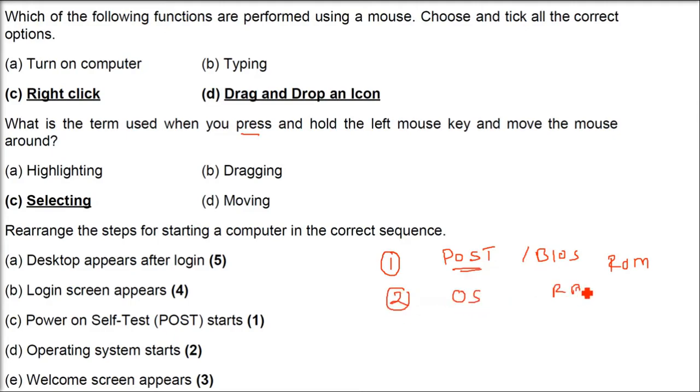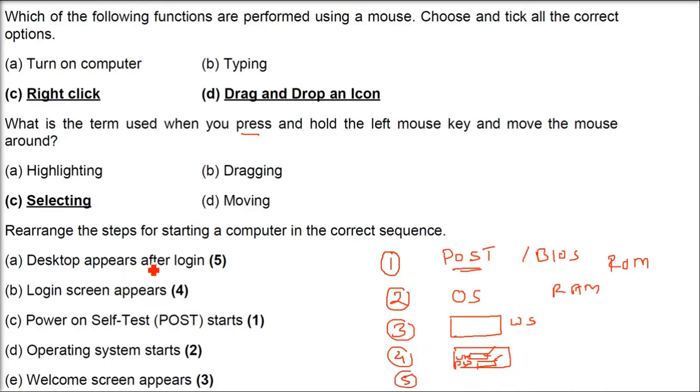Second is the operating system will be loaded into RAM and it will get started. Third thing will be that your operating system will give you the welcome screen. Welcome and so on will be shown. Fourth is a login screen will come so that you can enter your login password with your credentials inside your space.